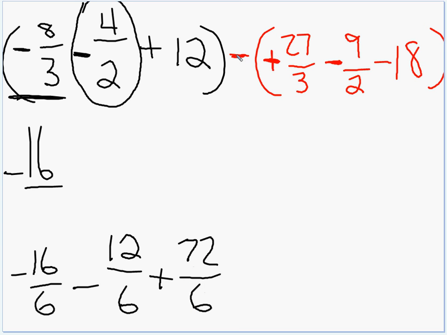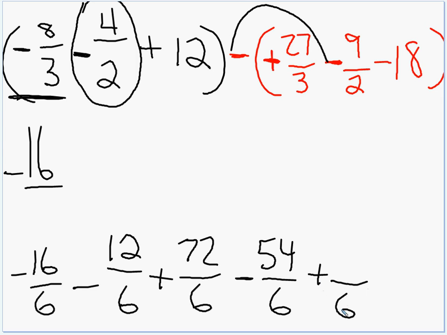72/6. Now here we're going to distribute the negative, so this becomes a negative, and that'll become 54/6. This negative will hit here, that'll turn into a positive, so positive 9/2, or that'll become a 27/6.